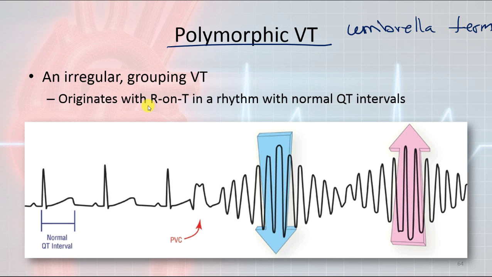It can originate with an R on T phenomenon, and we talked about the R on T's before. That's a view of what an R on T might look like. And it is a rhythm with normal QT intervals. And then it goes into a polymorphic VTach. This is a specific polymorphic VTach, which we'll talk about in a minute. But let's just talk about polymorphic VTach first.